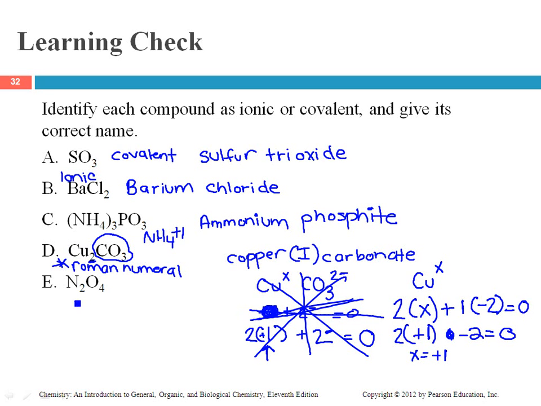Okay, we have E. Now we have nitrogen and oxygen, both of which are nonmetals. So these are covalent. This is a covalent compound.